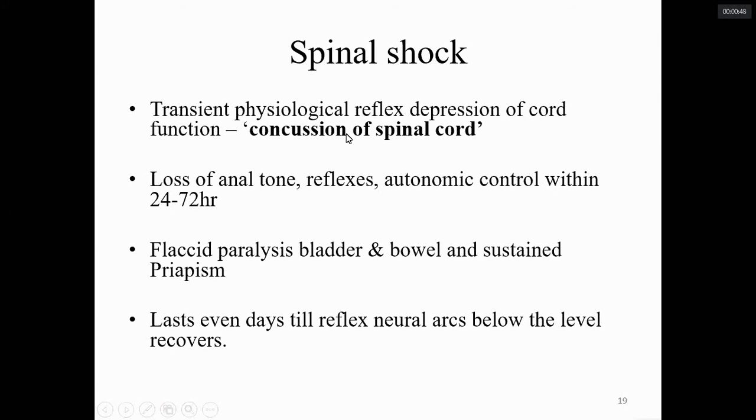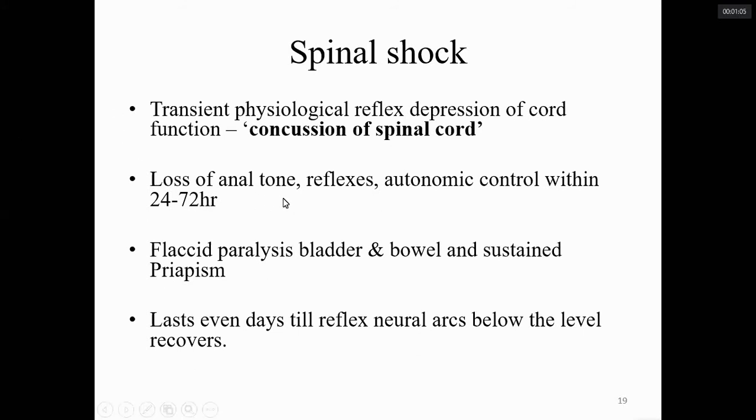In the period of spinal shock, you cannot grade it as complete neurological damage, a complete spinal cord injury. Once the spinal shock period is over, only then can you grade whether it's a complete or incomplete injury.